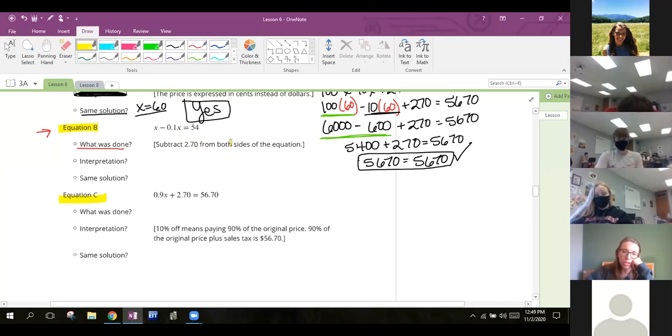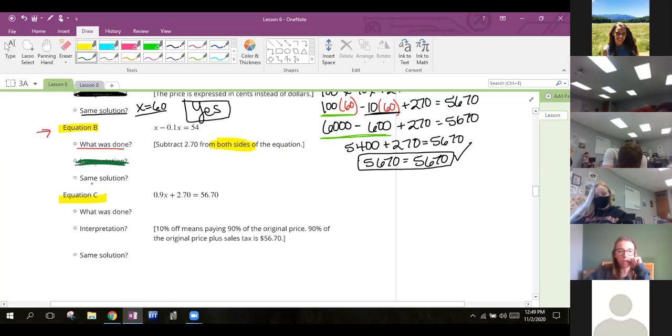Good. Now I want y'all to focus on that they subtracted 270 from both sides of the equation. So underline or highlight the fact that they did it to both sides. I did not care about the interpretation, but did it end up having the same solution? Did x still equal 60? It did. It had the same solution.